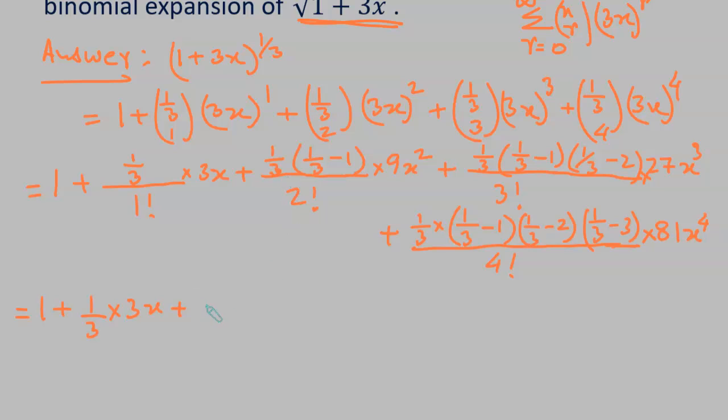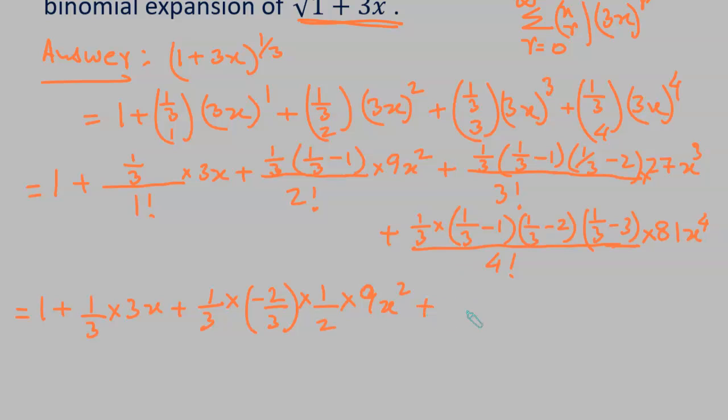So it is 1/3 times minus 2/3, times 2 factorial, which is 2. So it is half times 9x square.